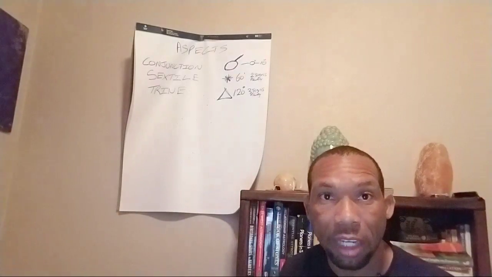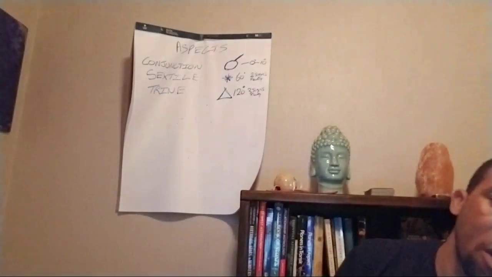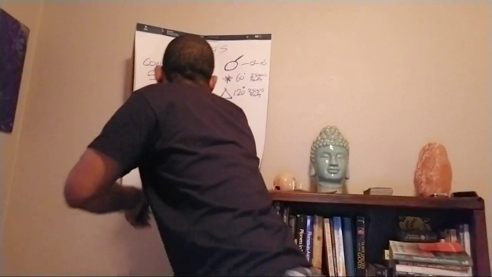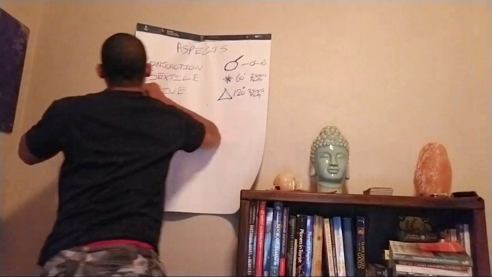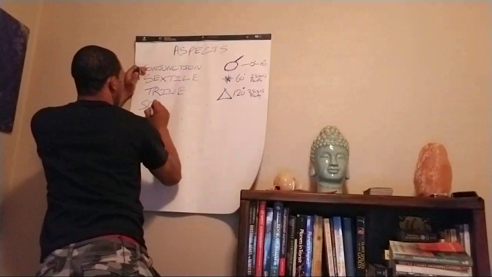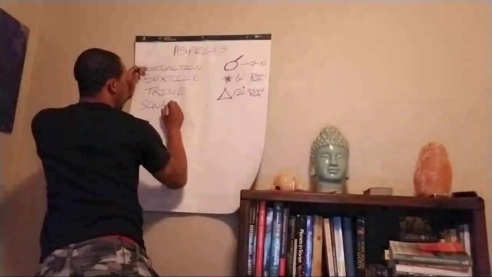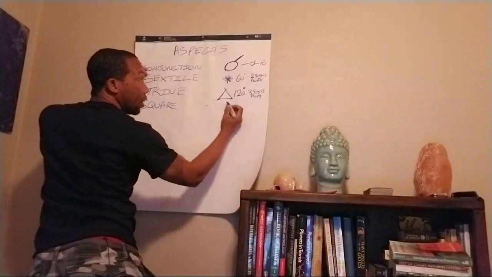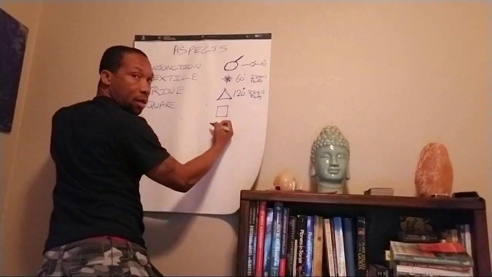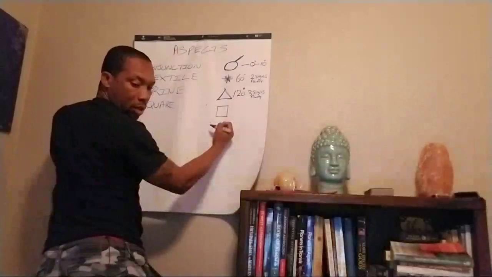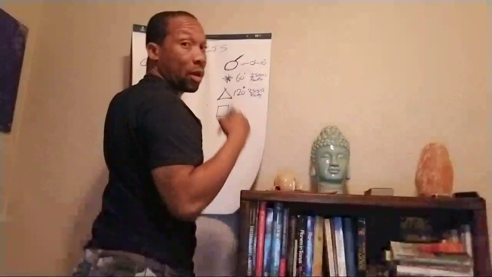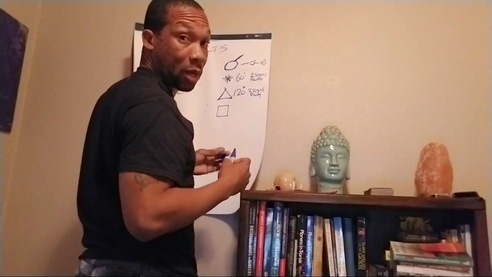And the hard major aspects start off with the squares. S-Q-U-A-R-E. And you guessed it, it is shaped like a square. Literally like a square. And what is a square?